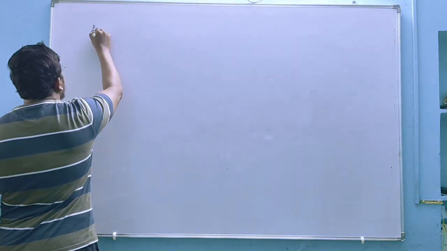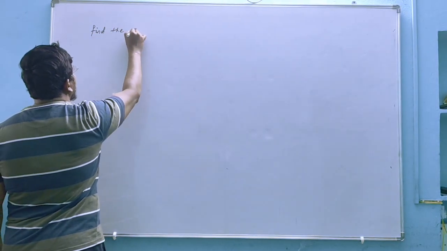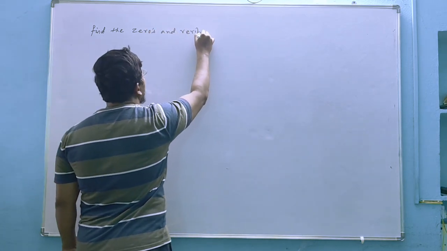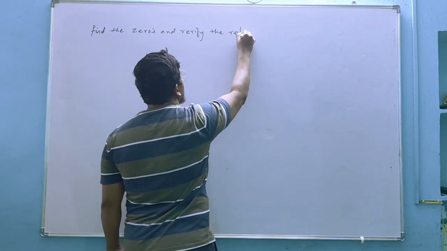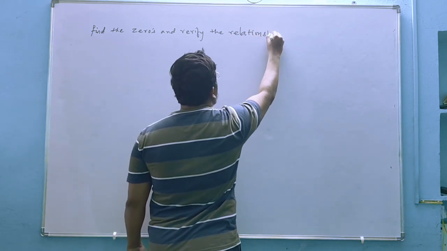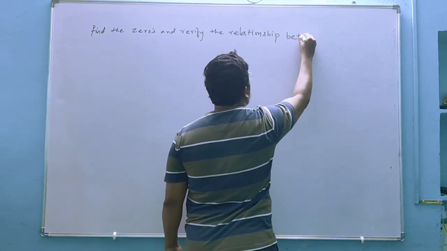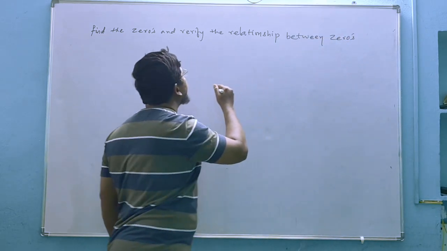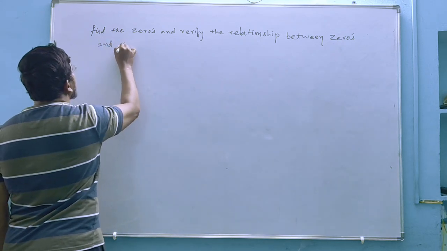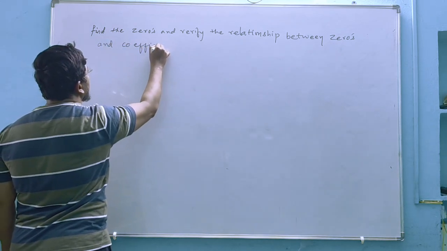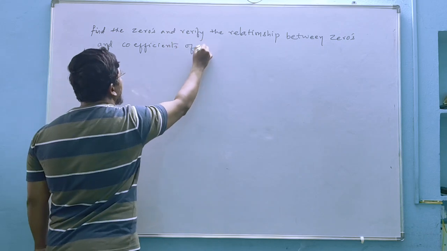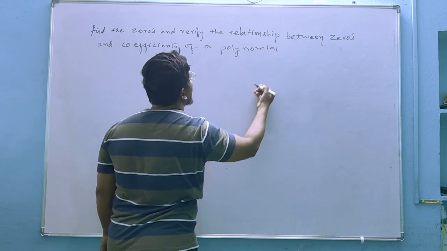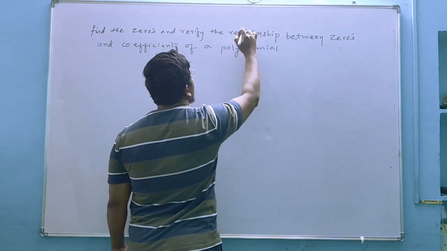So our topic is find the zeros and verify the relationship between zeros and coefficient of a polynomial.